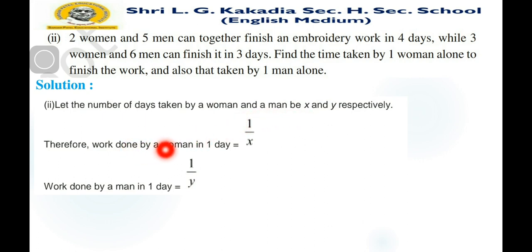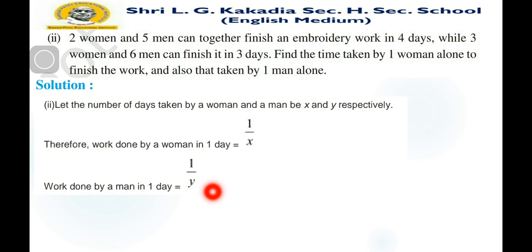Now therefore the work done by a woman in one day is given by 1 over x. The capacity that a woman can complete one work in given days, that is 1 over x. As well as we can take work done by a man in one day is equal to 1 over y.